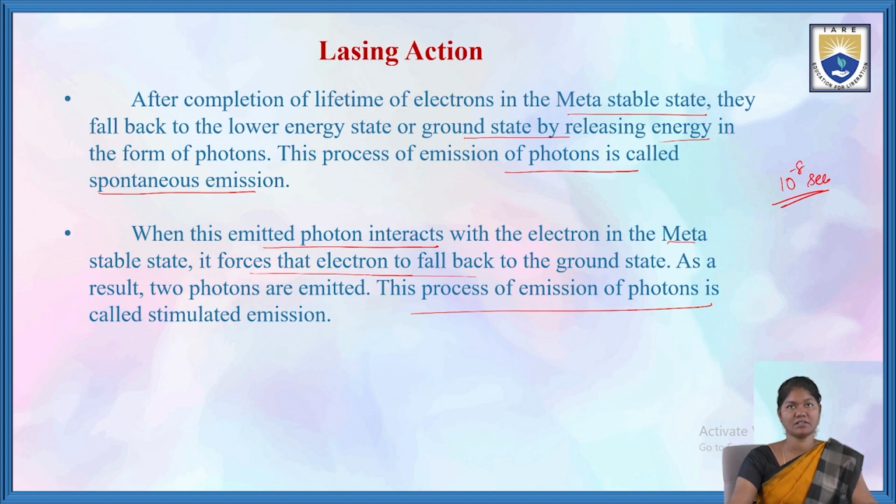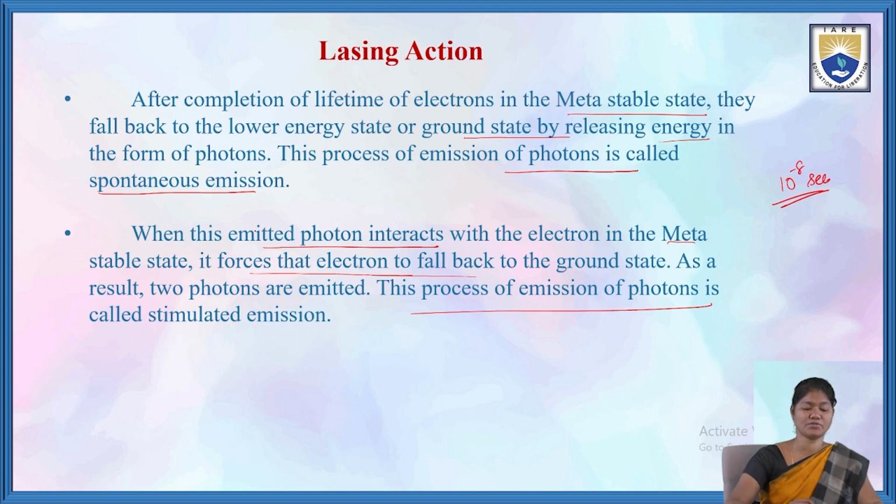In the other process, the electron which is in the excited state, before the lifetime of that electron ends, absorbs some energy and gets stimulated, transiting to the lower energy state by emitting two photons. That is called the stimulated emission.